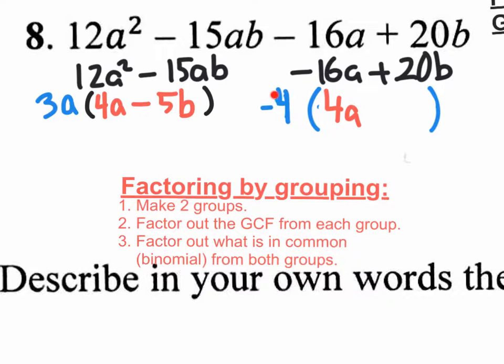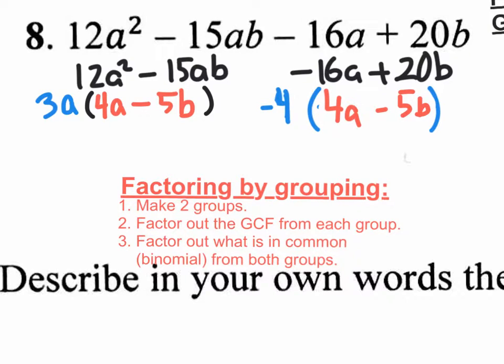And then negative 4 times what gets us a positive 20b? That'd be a negative 5b. So do we see that in this case, it was important that we pulled out a negative 4 instead of a positive 4, because when you pull out a negative, you really do get the same exact binomial, 4a minus 5b.